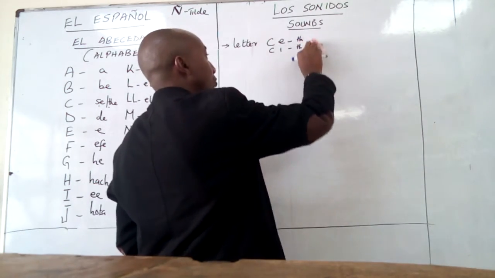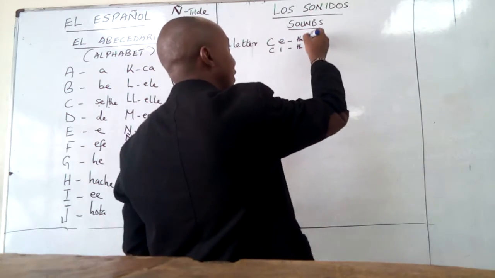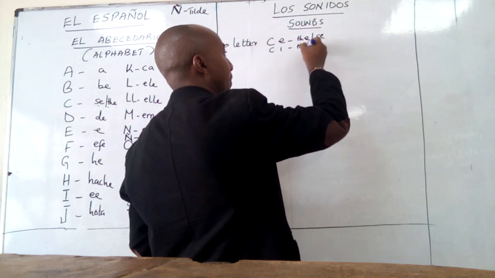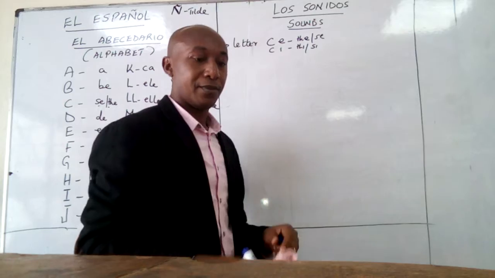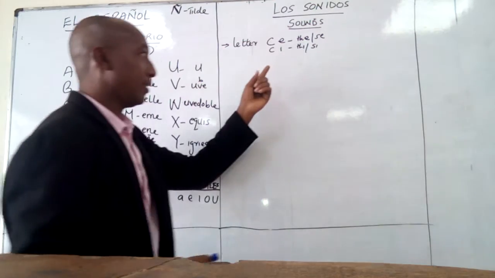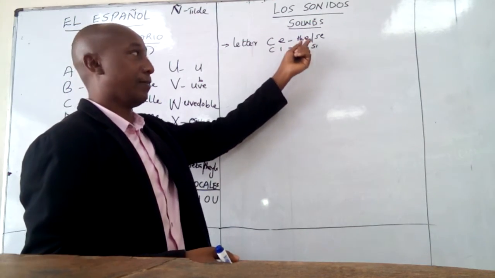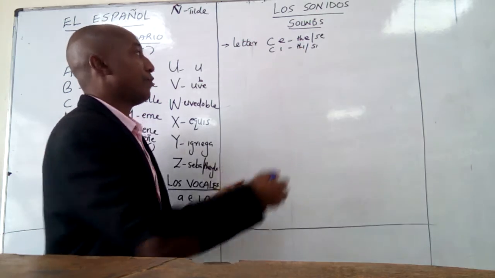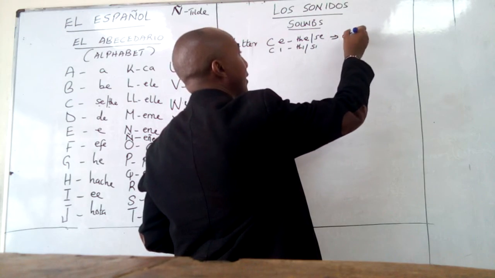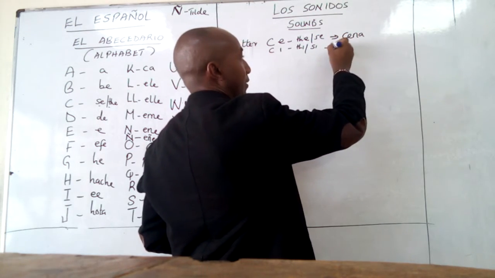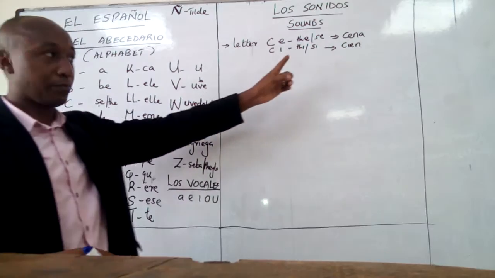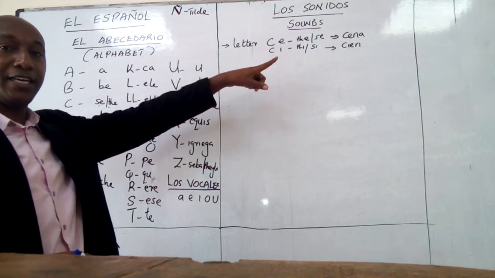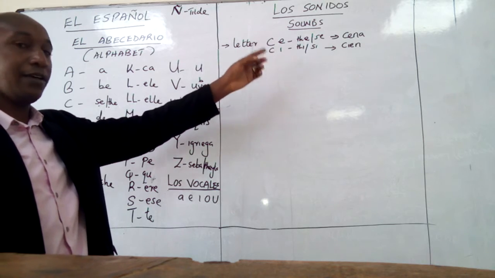If I want to talk about CE, I'm going to say se or the. For example, let's have words like this: Sena or Thena, Cien, Thien.